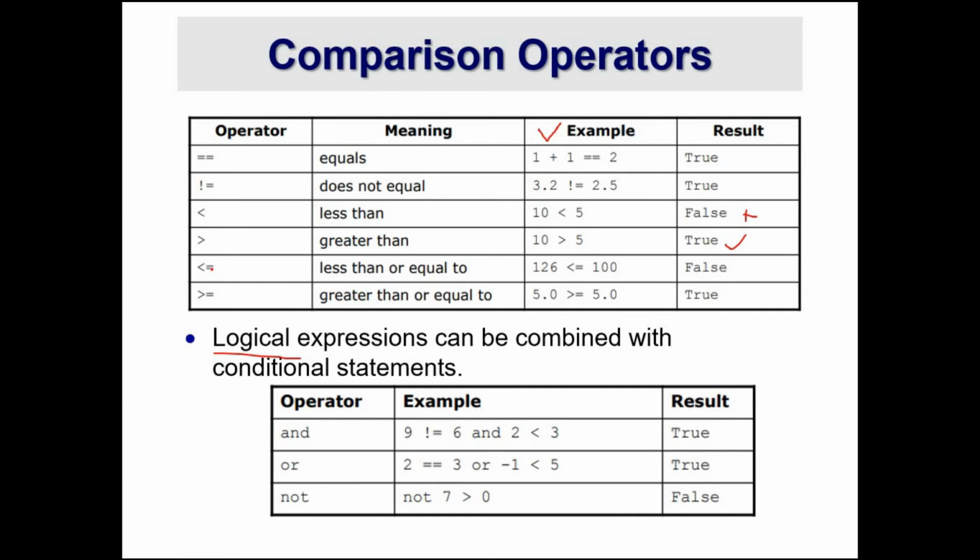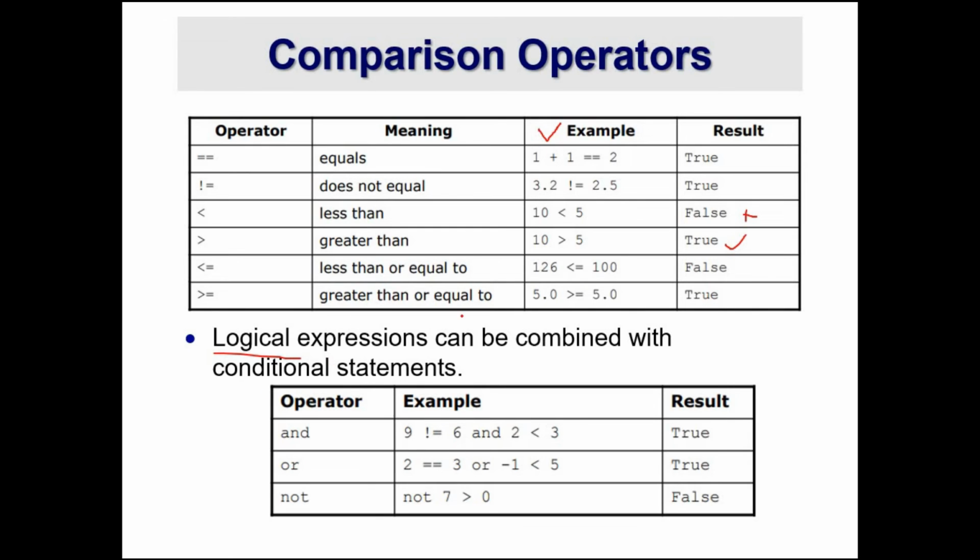Then we have less than or equal to, like 126 is less than or equal to 100, which is false, it is actually greater. And greater than or equal to, like 5.0 is greater than or equal to 5.0, which means that either it is greater or it is equal. So if one of the conditions is correct, then the answer will be true.